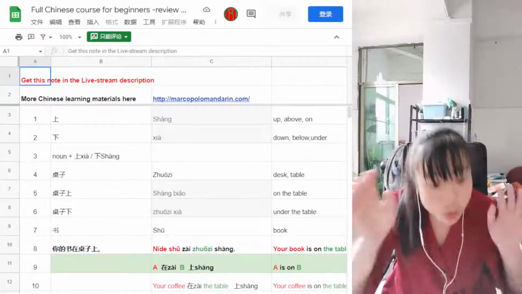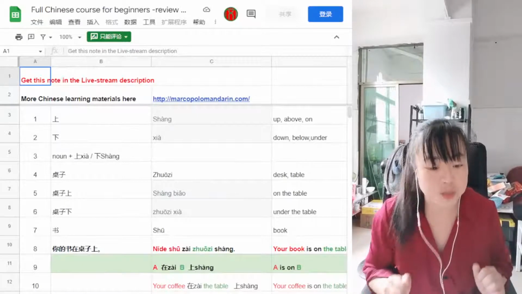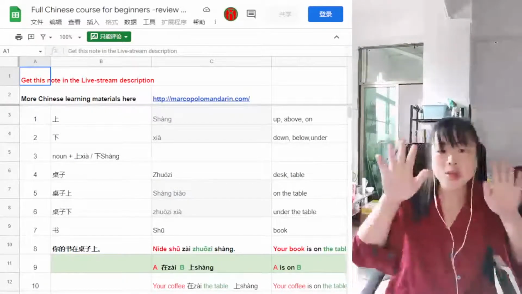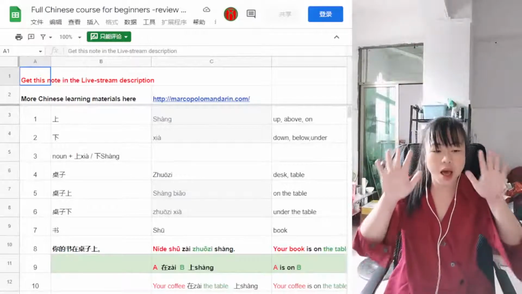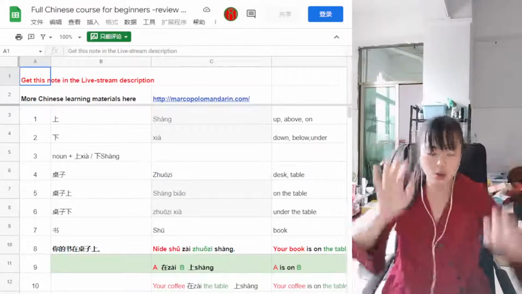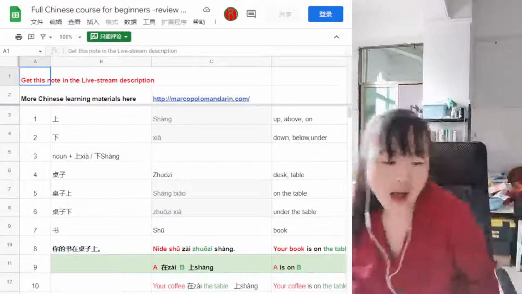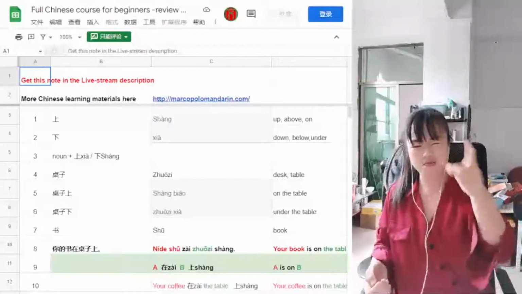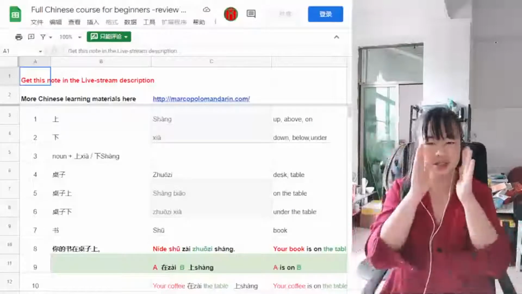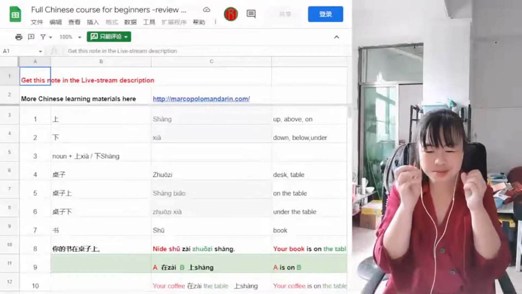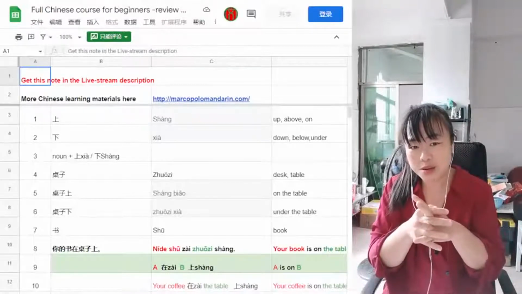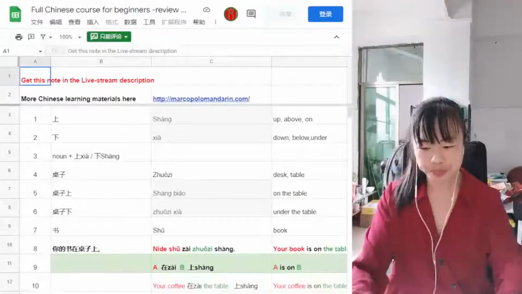In your textbook, you may know 左 means left and 右 means right, but we rarely use only 左 or 右. We may use them as an order, 左 右, just a very simple order or command. Otherwise, we rarely use only 左 or 右.